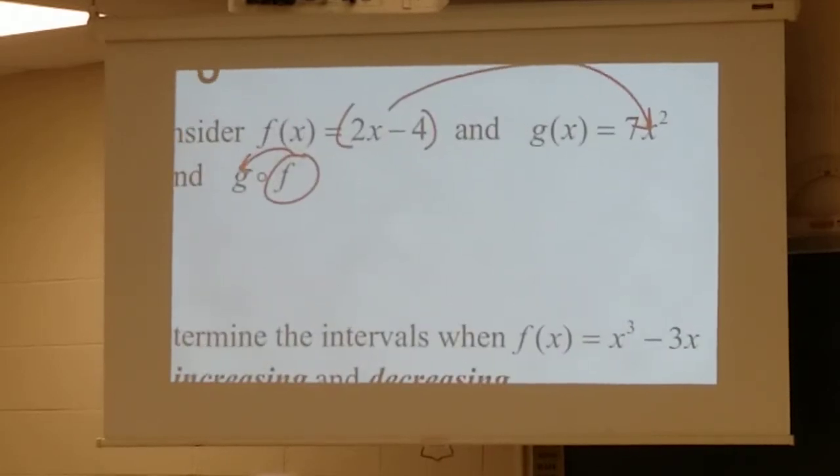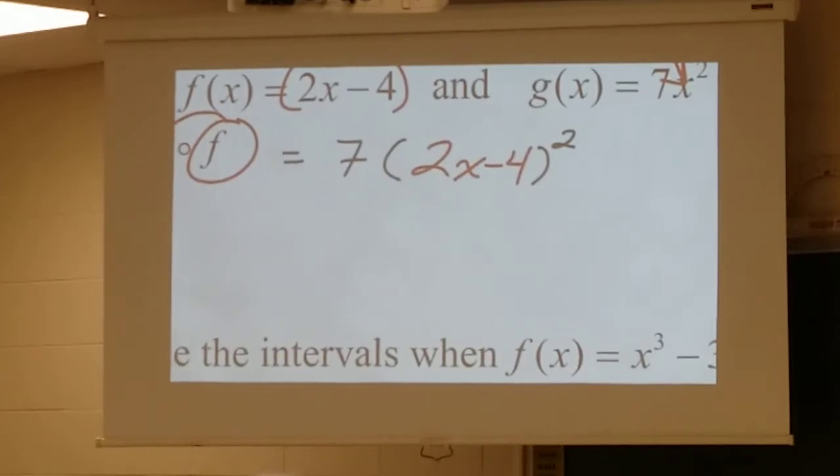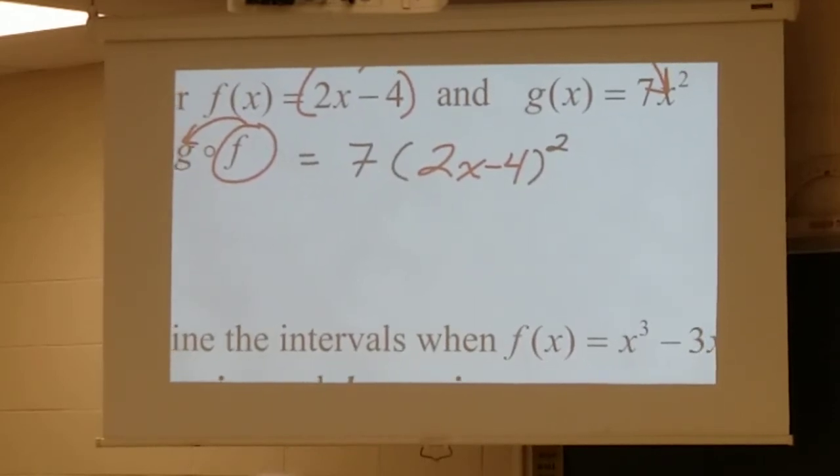Do you see the way that it's going to look? Do you see that it's going to have a 7 and then a parenthesis with a square? But in the parentheses, we will place f, or what f equals, 2x minus 4. And it's a pretty good start to realize that that's the setup.